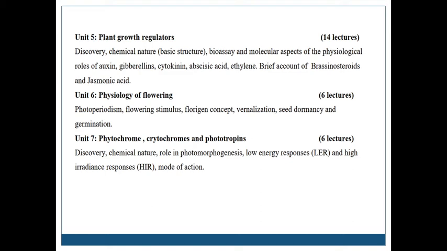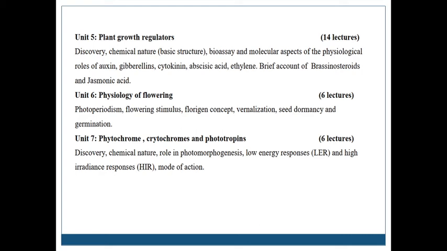And last but not the least, Unit 7 explains about various types of photoreceptors. There may be phytochromes, cryptochromes, or phototropins. All these help to regulate various developmental processes by sensitizing plants to the incident light.